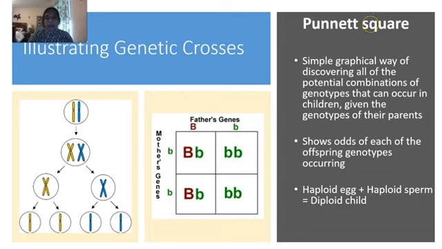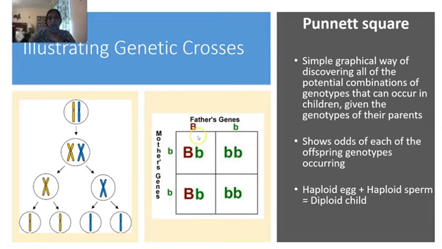It is a simple diagram that helps us see the different genotypes that can occur in the progeny from a particular father and mother with a particular genetic background. It also helps us visually see the odds, the percentage of the offspring that will have one trait versus the other.